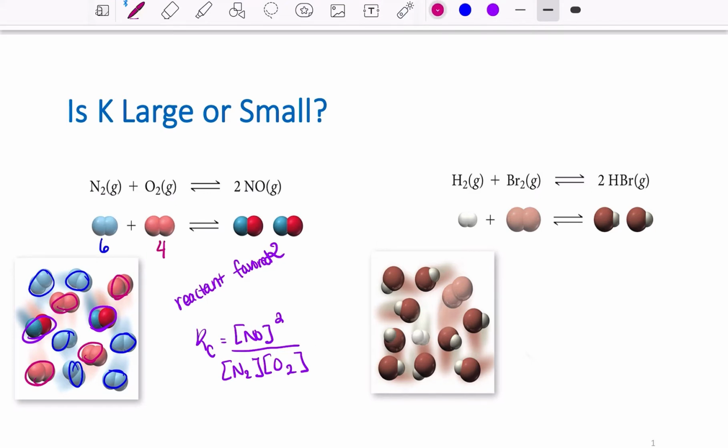I've got 6, 4, and 2. Is this value going to be big or small? It's going to be pretty small, right? It's small. It's reactant favored. I have more reactant present than I have product present, which makes my denominator larger, which makes my ratio smaller.